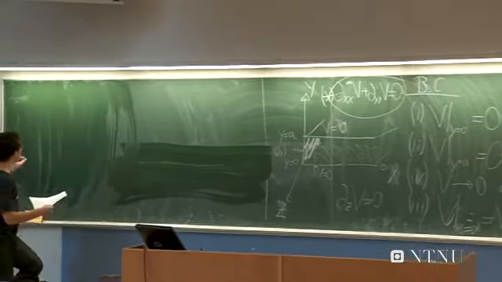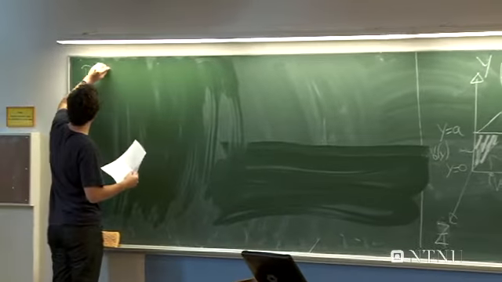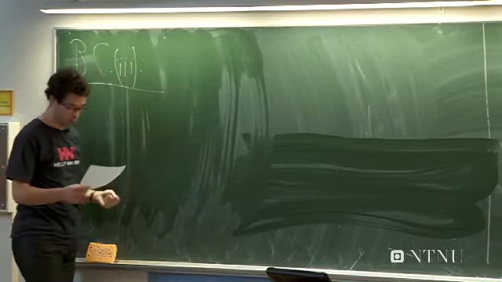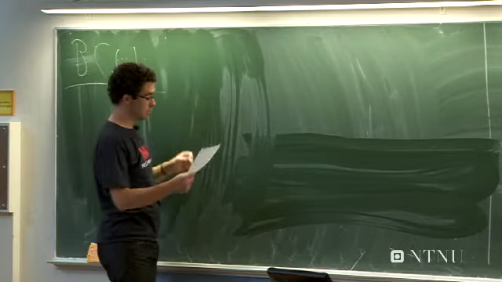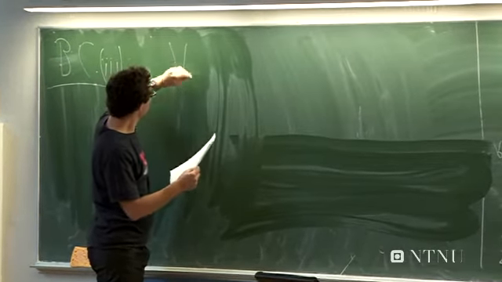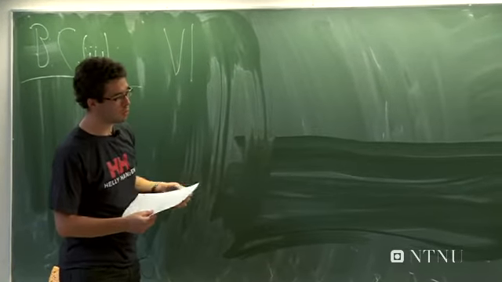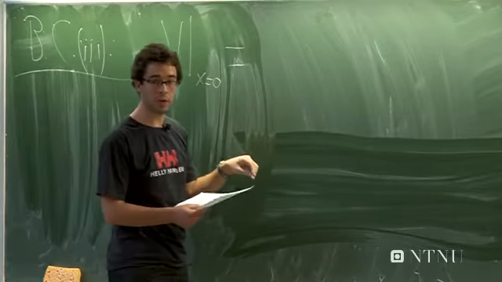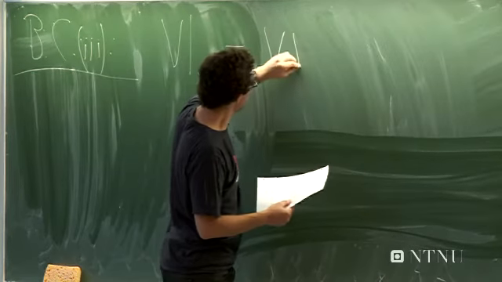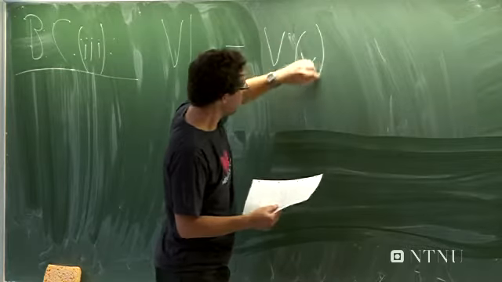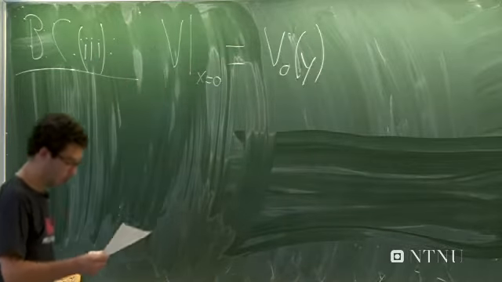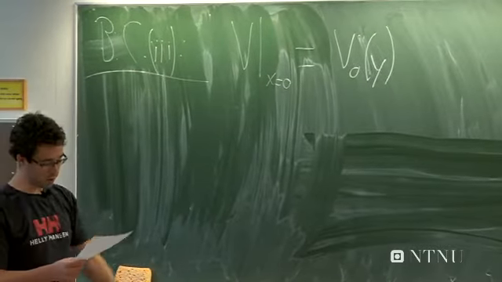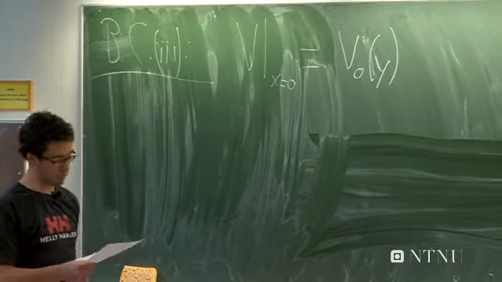So, boundary condition number 3. That's the final one. And it says that at x equals 0, the potential is equal to a given function, v naught of y. And now I can write down my solution, which is just the sum over there, to match this solution here.